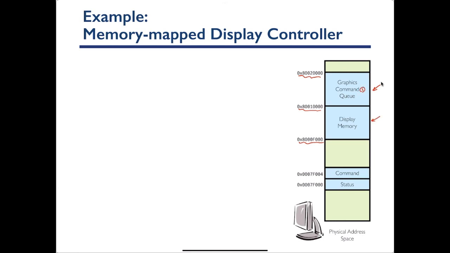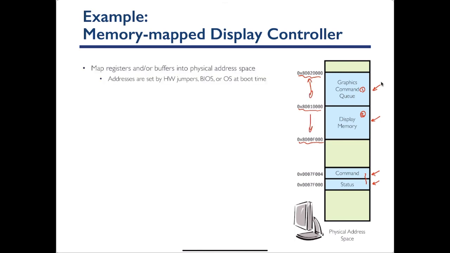The first one is the command buffer, then the data buffer, and then these are command and status registers. These are registers, so each one of them has a single address. And then these are buffers, they have a range. Usually, as we discussed, this mapping is done by the BIOS, or sometimes the operating system does it, depending on the systems.